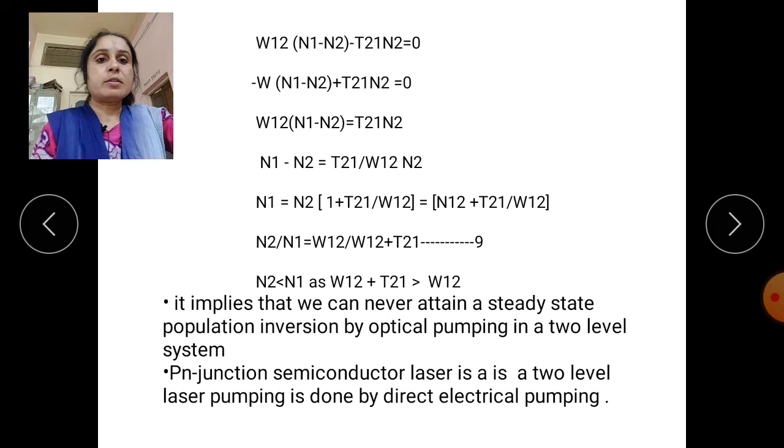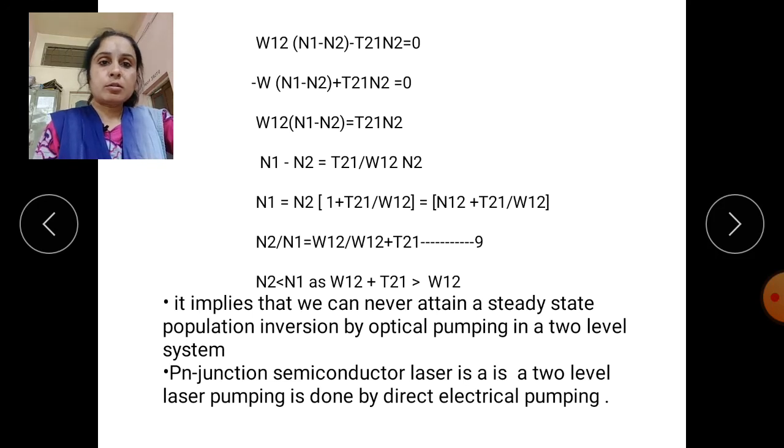Here T21 is equal to T12. So N2 by N1 is equal to W12 upon W12 plus T21, equation 9.